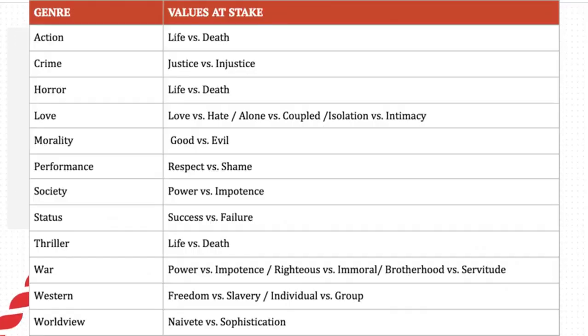Now, here's the moment where we pause and think about values and such. Remember that in the Story Grid, as well as Story by Robert McKee, there's a notion of the story value, which is basically a kind of a state of being. And the idea is that every genre focuses on a different value.